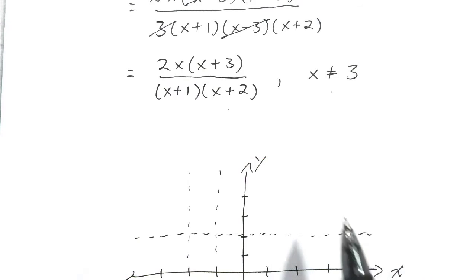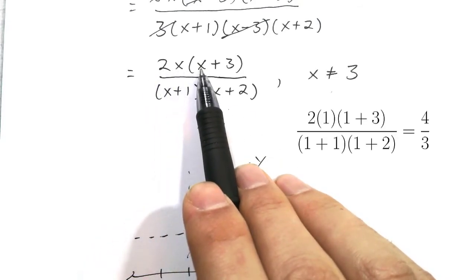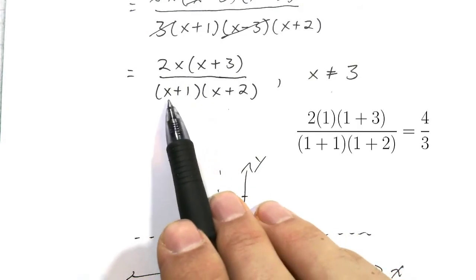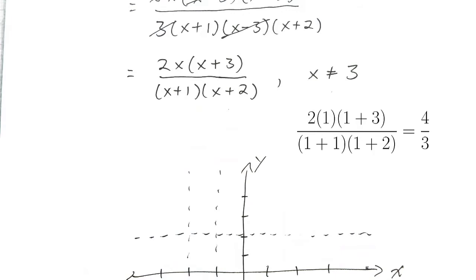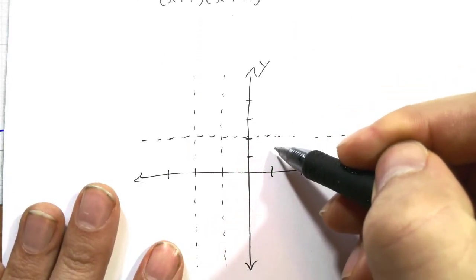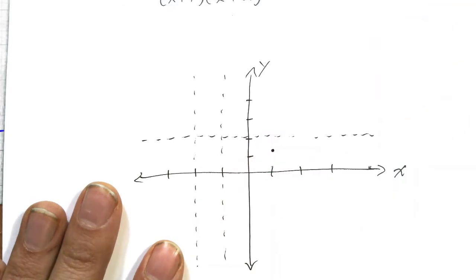I get 2 times 1 times 4, so that's 8, and in the denominator, I get 2 times 3, that's 6. 8 divided by 6 is 4/3. That's giving me a value a little bit above 1. So I see that we're going through a point over here.